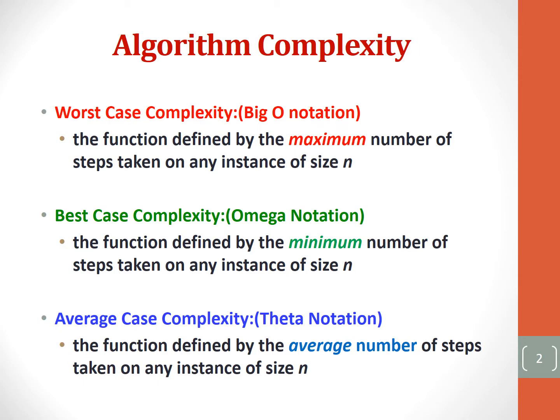So there are different algorithmic complexities. They are divided into three types, that is worst case, then best case, and average case. When we say worst case analysis, it means in the worst case how we can represent the complexity of the given code. So worst case complexity is the function defined by the maximum number of steps taken on any instance of size n.